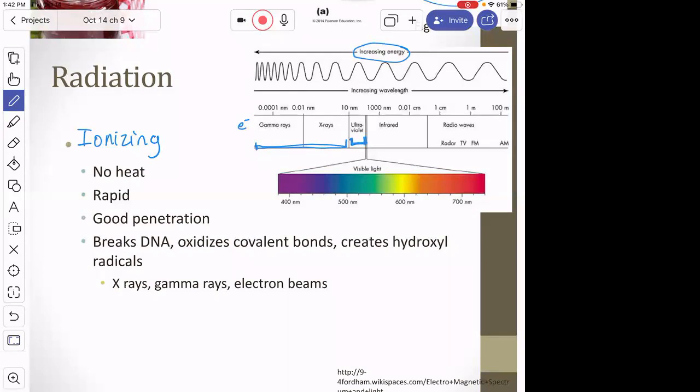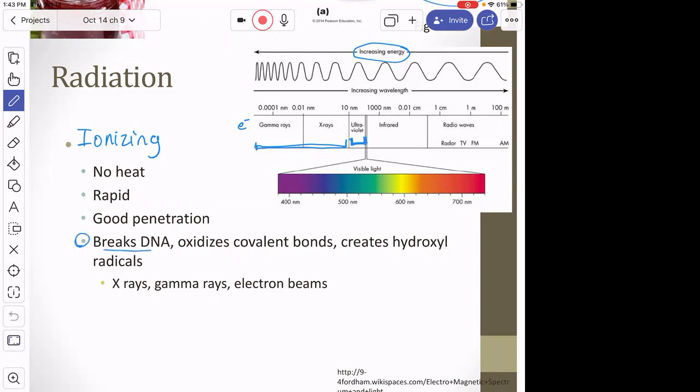But ionizing radiation, what effect does it have on cells? It's going to pull electrons off of other molecules. We talked about how this is a bad thing, and what can cells do to fix the effects of mutagenesis by ionizing radiation? Ionizing radiation also causes other damage to the cell besides mutation.